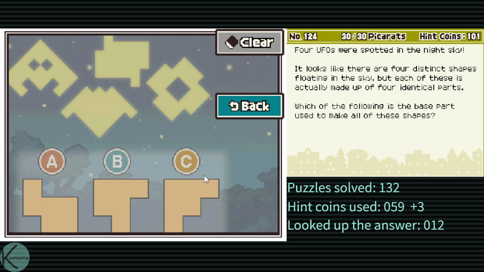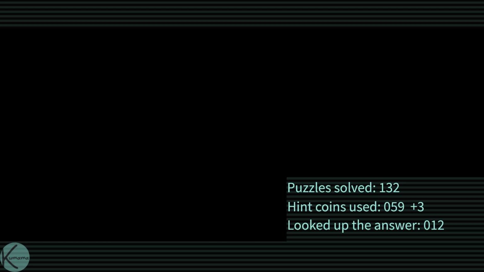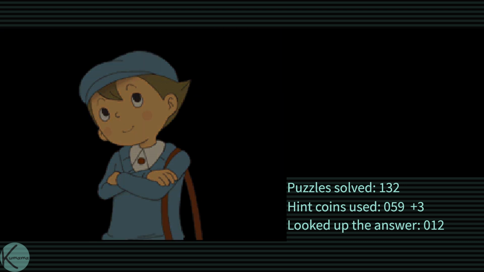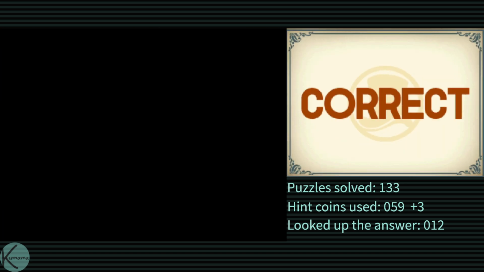Okay, they're asking which one of these is it possible to make all of these with? Well, you got the staircase here, and then it goes reverse ways here. I think it's the staircase? I'm gonna assume the staircase. Here goes. Ha ha. Piece of cake.